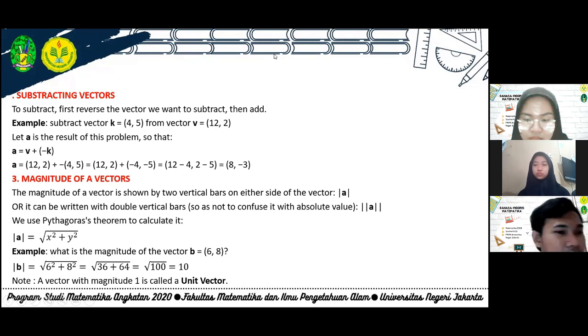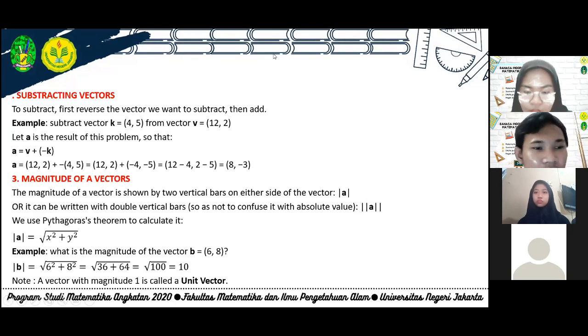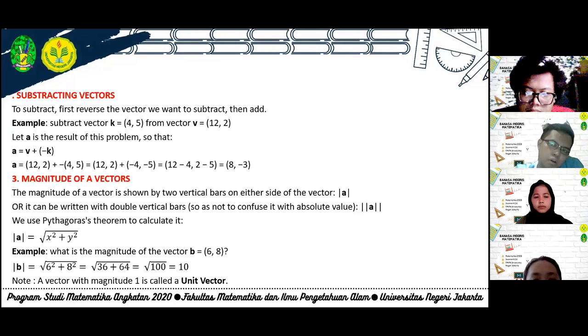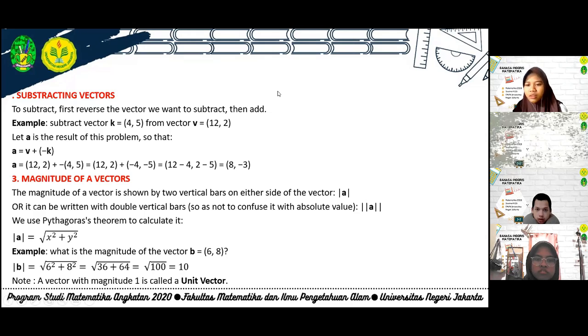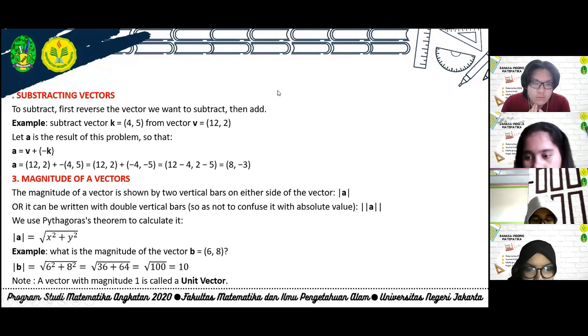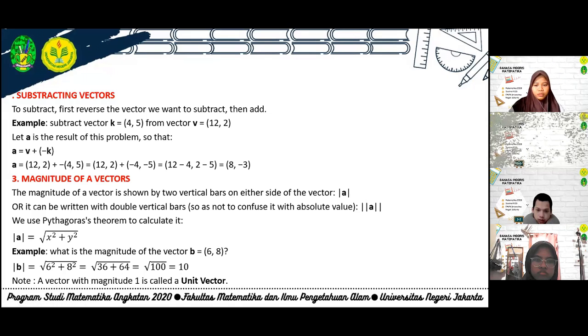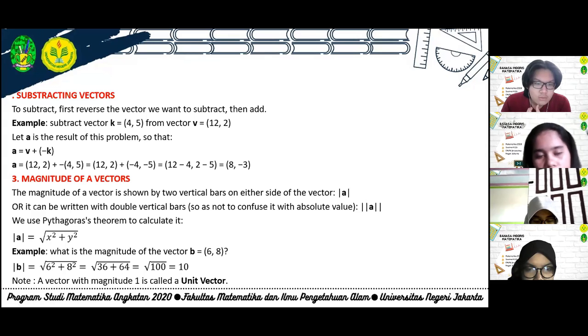For the solution, let A be the result of this problem, so that A equals vector v plus negative vector k. So A equals 12,2 plus negative 4,5, which is 12,2 plus minus 4, minus 5. So that equals 12 minus 4, 2 minus 5, which is 8, minus 3.